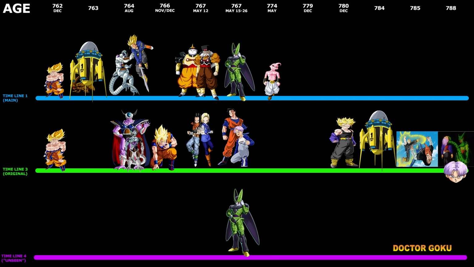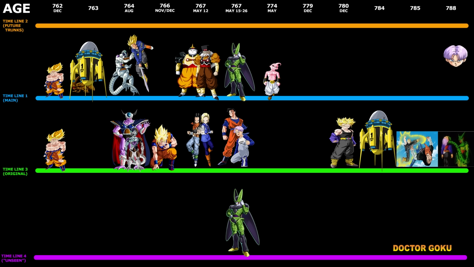Now, in the latter scenario, this Trunks is once again met by Imperfect Cell in age 788 and is defeated, which allows Cell to travel to the past. While in the former scenario, since he's training with Vegeta in the Room of Spirit and Time, he would have had enough strength to defeat Cell when he were to go back to his future timeline. Thus, this creates a third paradox, which is Timeline number 2, or the New Future Trunks timeline.